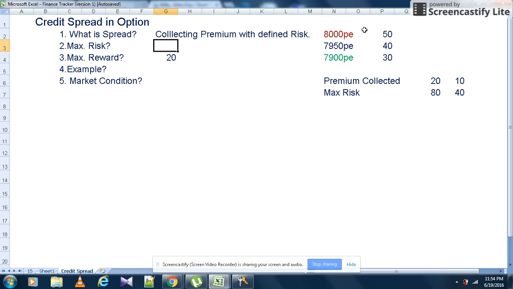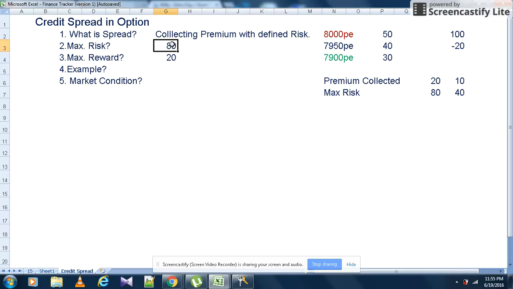So the maximum loss is 100 rupees, and you have collected a premium of 20. So the maximum risk will be 100 minus 20, that is 80 rupees. This is when the market is not obeying you, and whatever you have predicted goes against you. In that case, the maximum loss will be 80 rupees.